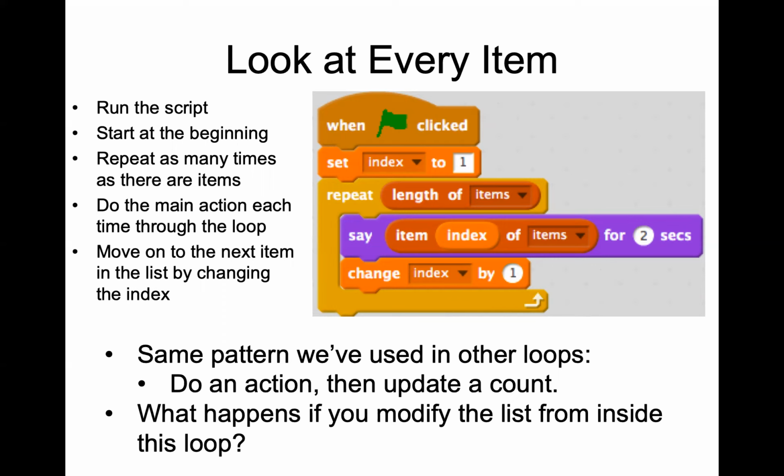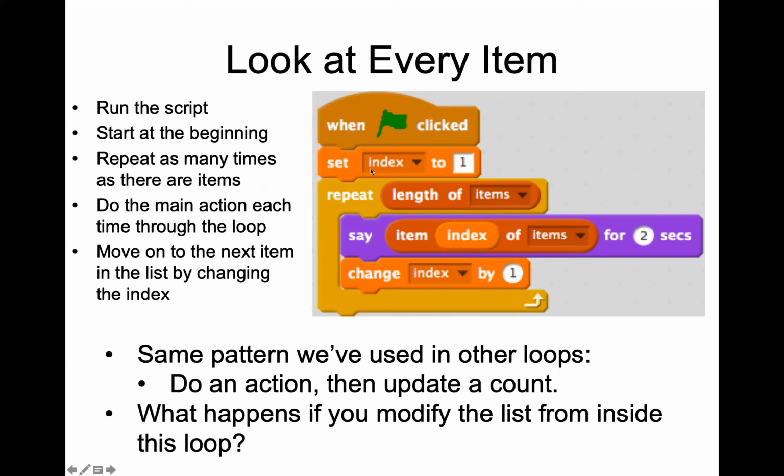So this is a very good and natural way to look at all the items in the list. Now the action for this loop is to say the item of the items list at the current index for 2 seconds. Hopefully all those pieces make sense to you at this point in the course. The item construct looks up what's in a list at a particular place, and index is what that place is.